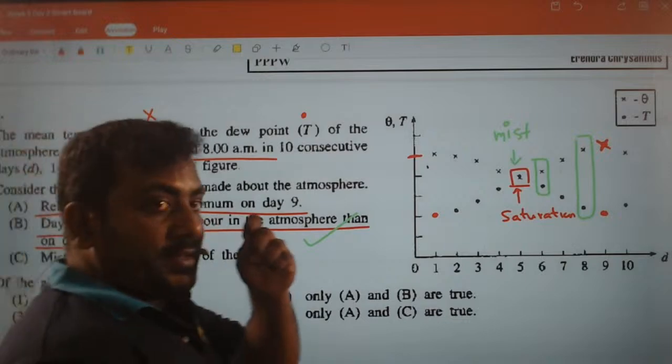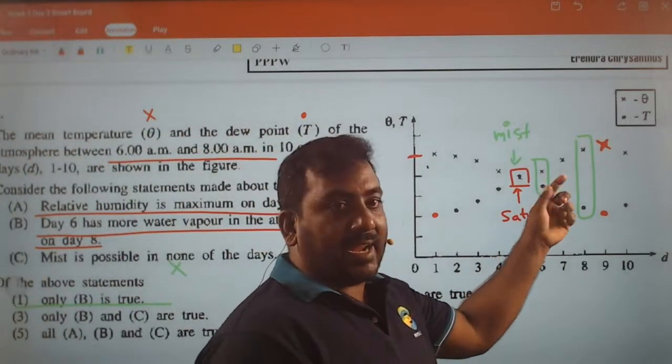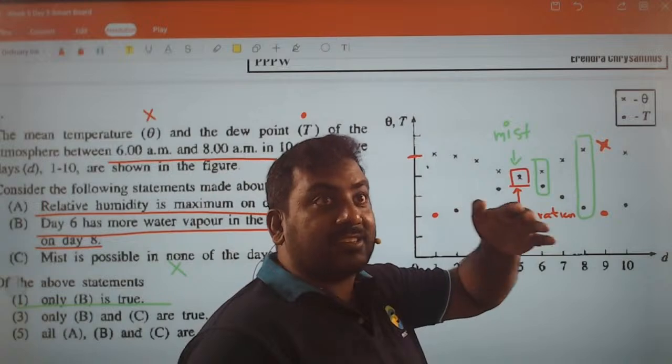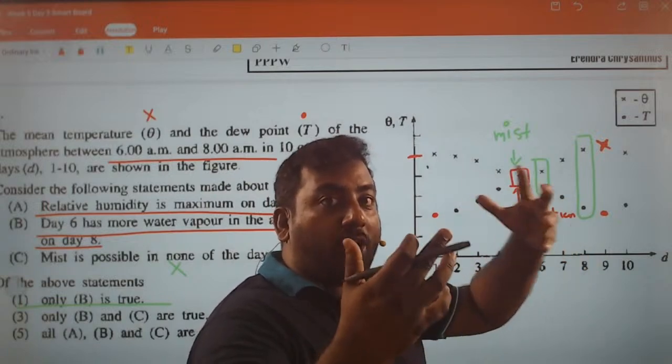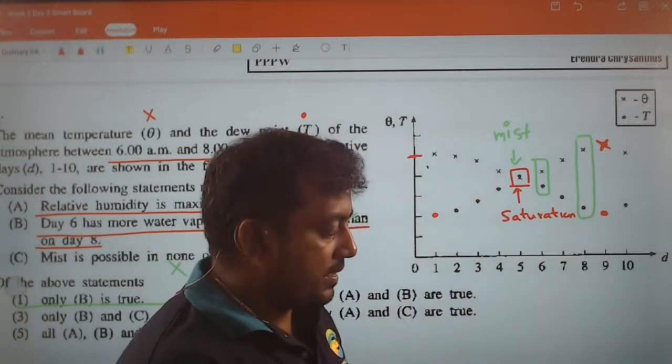Is it clear? Understood? The closer this gets, the more and more, now saturation is almost going to take place. More and more water vapor is in the atmosphere. Okay?